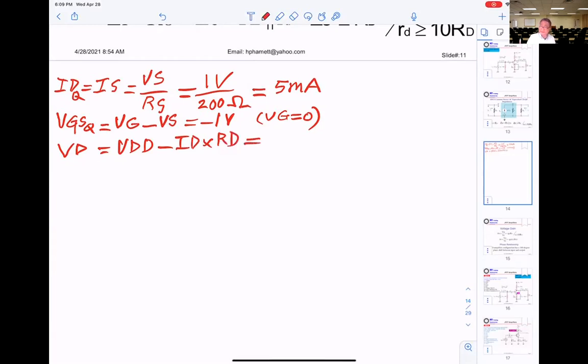Okay, VDD 15 volt minus ID, we already calculated 5 milliamp, times 1.5K.